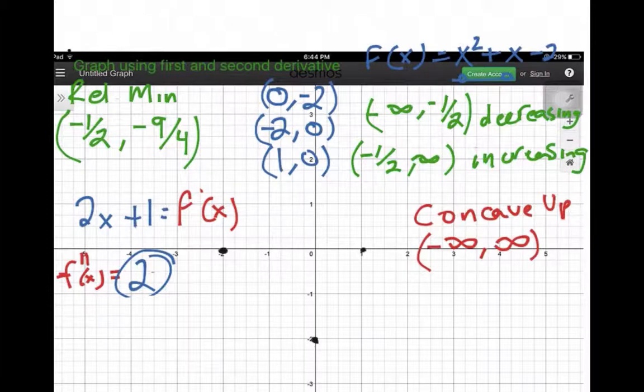And from what we know, at x equals negative 1/2, our function will be at the point negative 9/4, and it'll be a minimum. Negative 9/4 is negative 2 and 2/4, so just moving down, it'll be right about there.